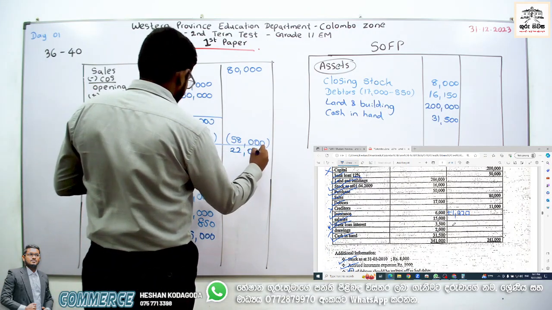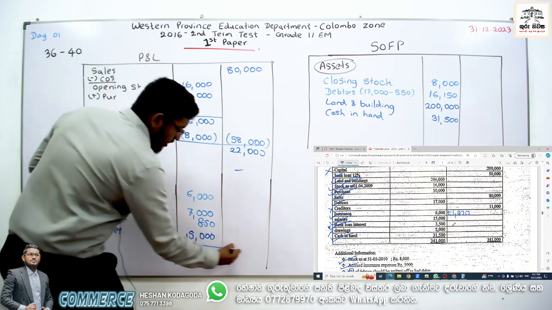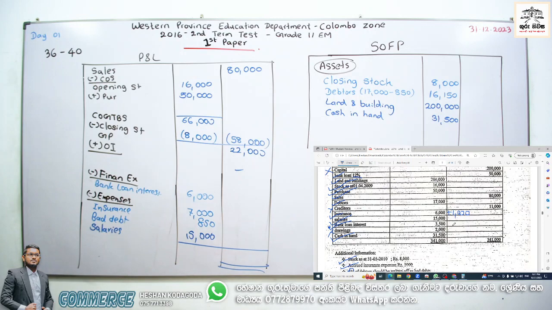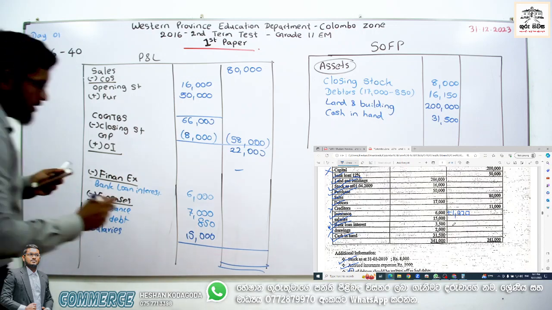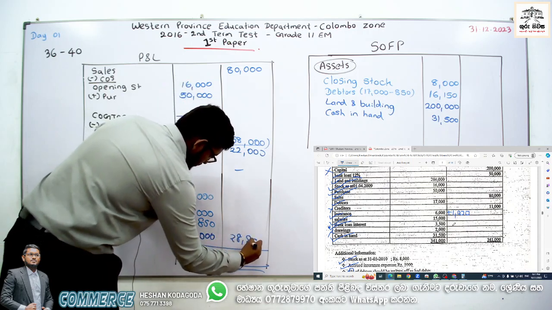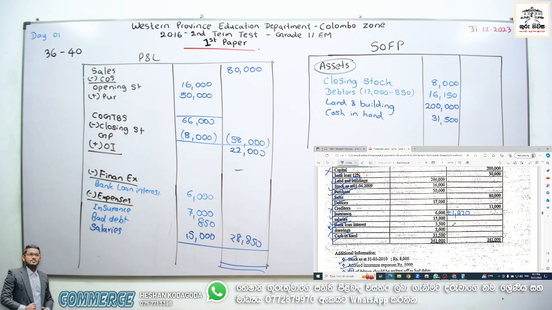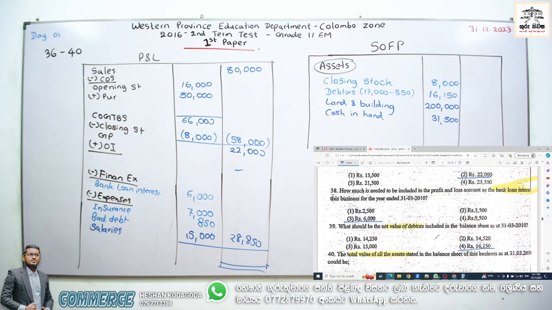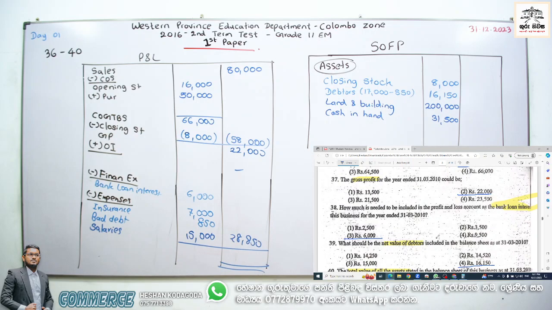So no any other income. We need to write all the expenses in here, right? So what are the expenses? 6,000 plus 7,000 plus 850 plus 15,000. It's rupees 28,850. Here they are asking about net profit. They're not asking about net profit, so we don't need to calculate it.